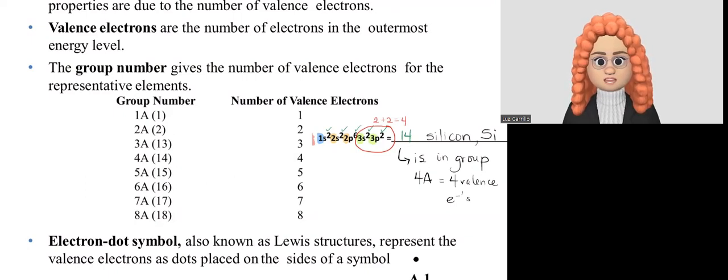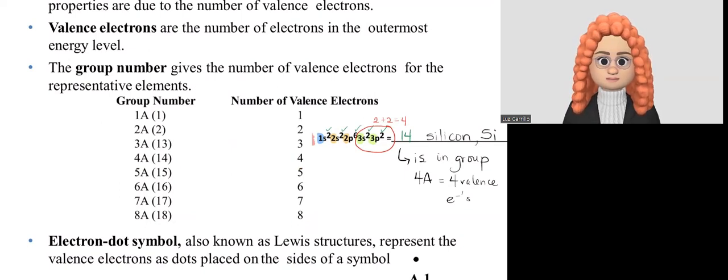So any atom that lives in column 1A has 1 valence electron. 2A, 2 valence electrons. 3A, 3 valence electrons. 4A, 4 valence electrons. 5A, 5 valence electrons. All the way to 8A, 8 valence electrons.